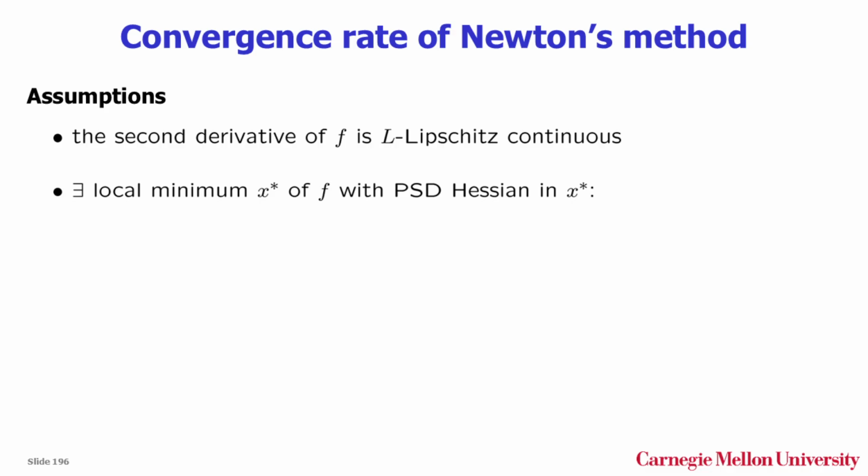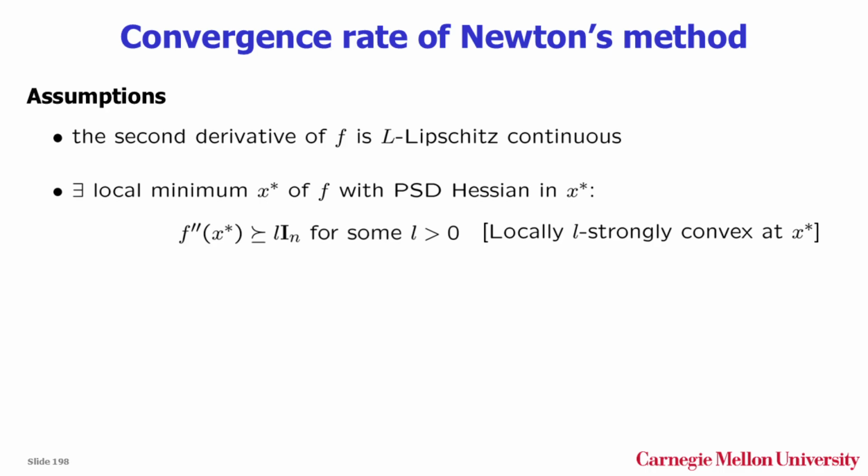At this point, the Hessian of function f is positive semi-definite. Moreover, we assume that the Hessian is lower bounded by lowercase l times the identity matrix, where this lowercase l is a strictly positive number. In other words, the function f is locally l-strongly convex at x star.